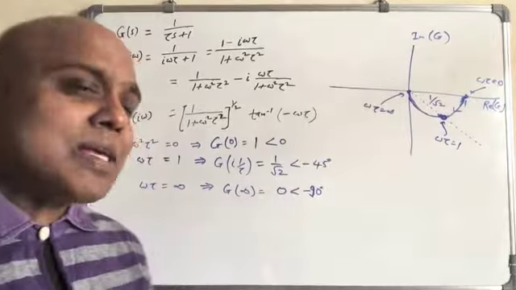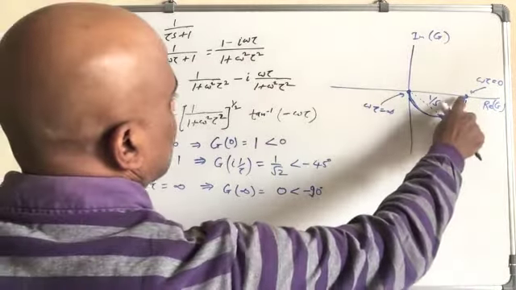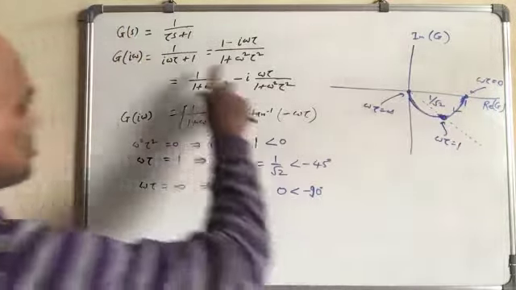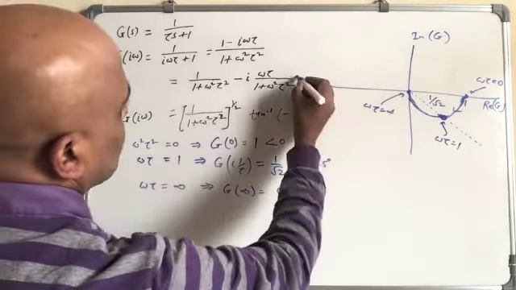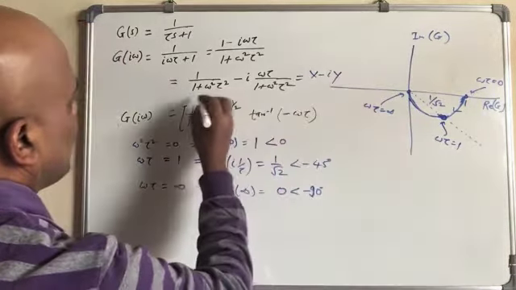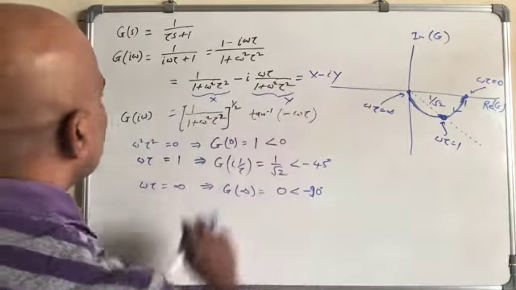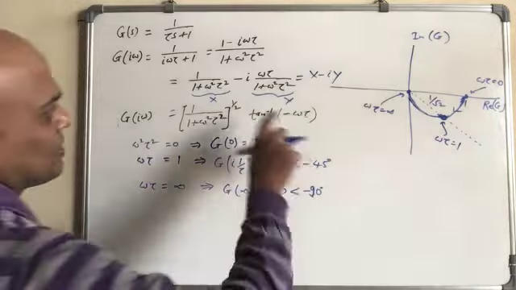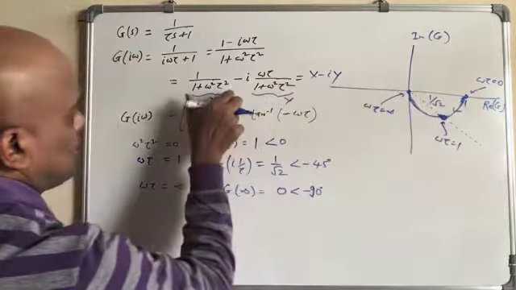We can also try to guess how this curve looks based on the equation. So we can say that this is of the form x minus i y, where this is x and this is y, right?